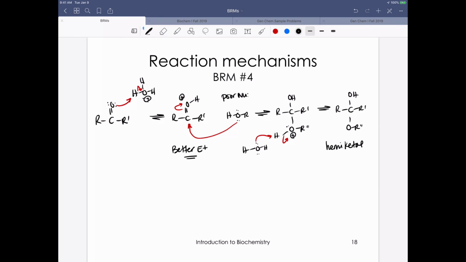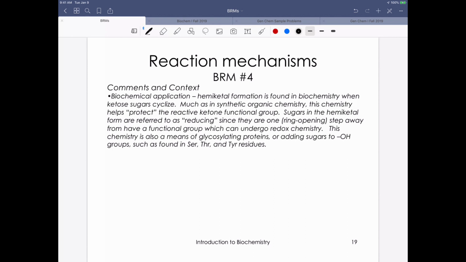Just a couple comments on the biochemical context for this. So again, hemiacetal formation is found in biochemistry when ketose sugars cyclize. So much as in synthetic organic chemistry, this helps protect the reactive ketone functional group. So just as a little organic chemistry example here, if you had a ketone here and you wanted to add a protecting group to that, you could add a diol here.